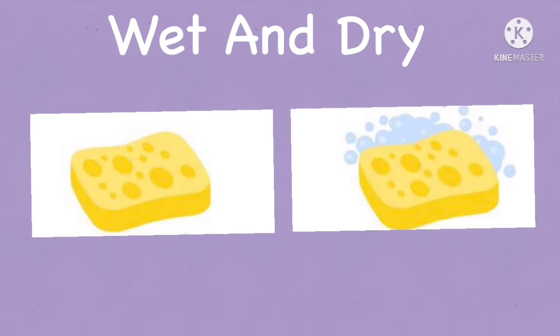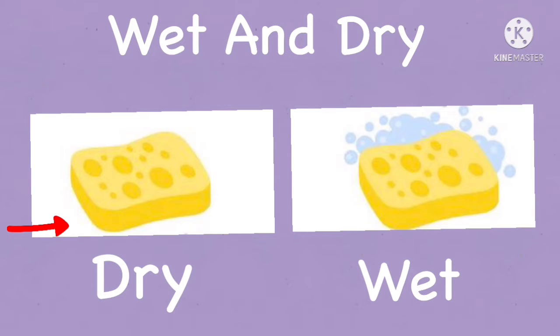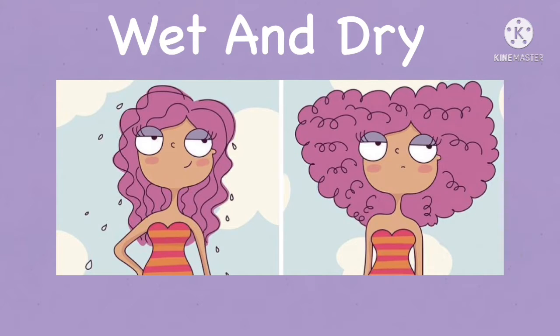Now look at this picture. There are two sponges. This sponge is wet, and this sponge is dry. What about this picture over here? Can you tell me which one has dry hair?